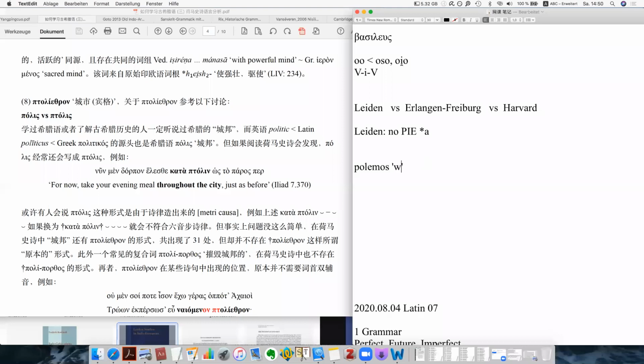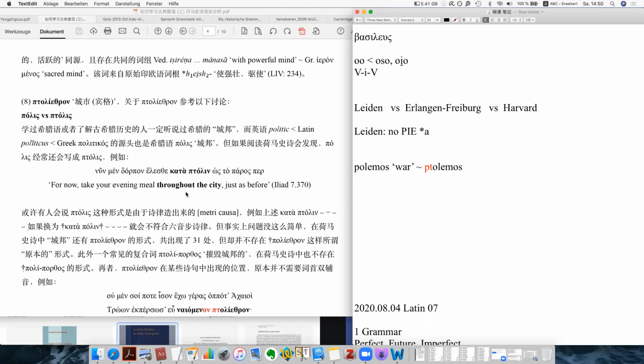The meaning is war, and we have a variant called Ptolemos. And interestingly enough, Ptolemos or Ptolis with Pter is attested in Mycenaean Greek. It's always Pter in Mycenaean Greek. So it means that this is kind of a very early feature of such words. And how can we explain this?